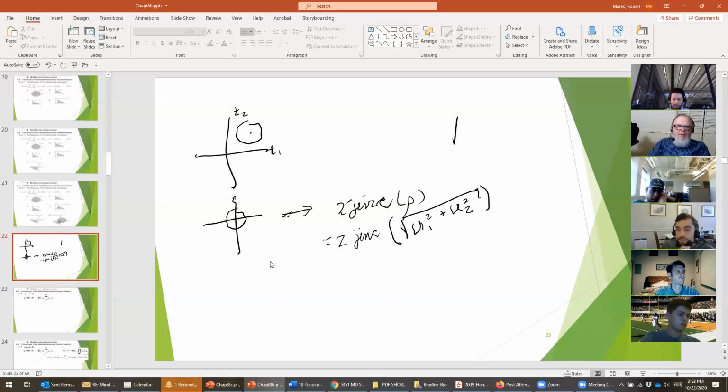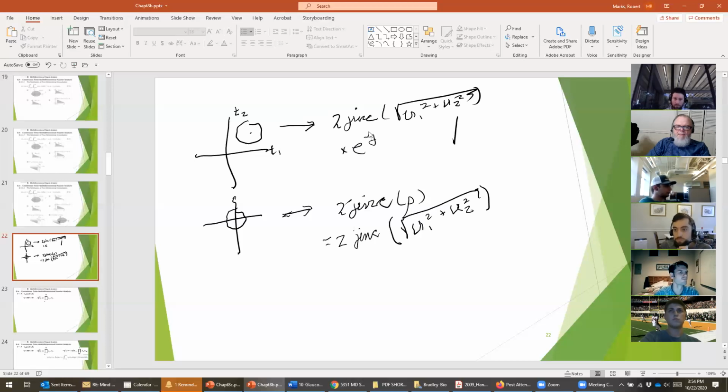So once we shift it, we know that we get the unshifted version times e to the minus j2 pi, and let's say the circle is at P and Q, e to the minus j2 pi (PU1 plus QU2).